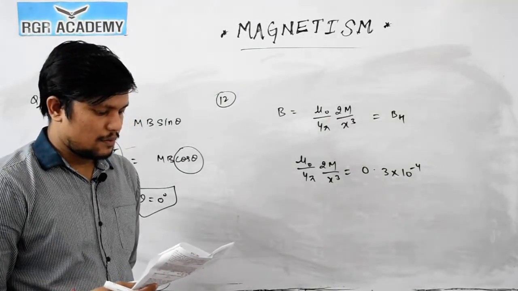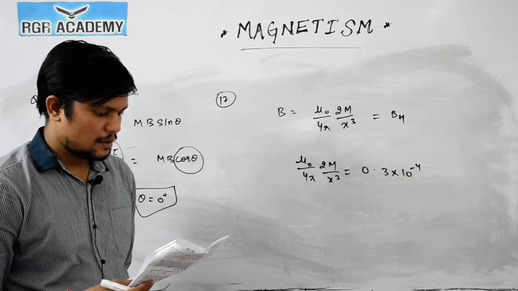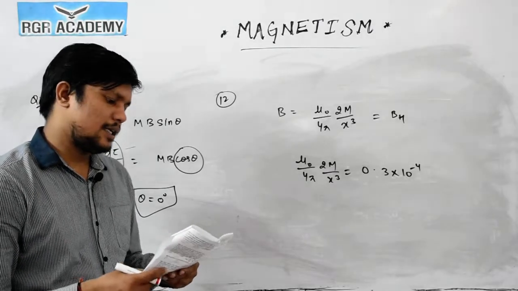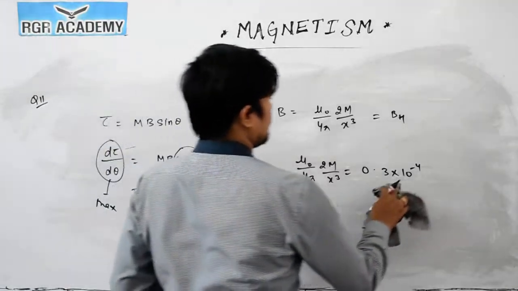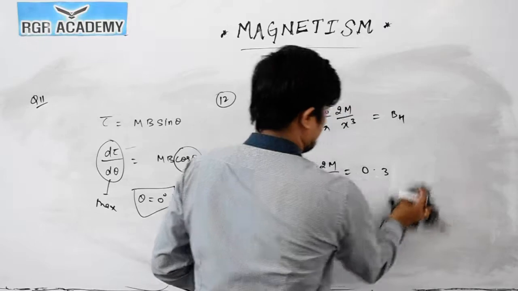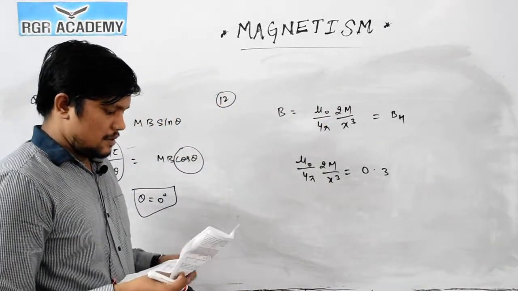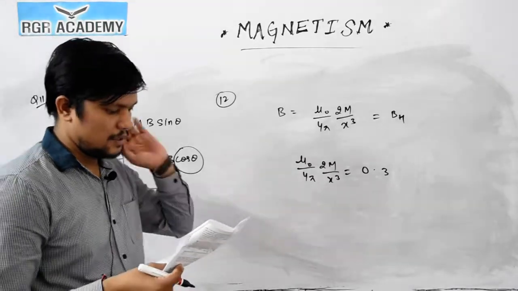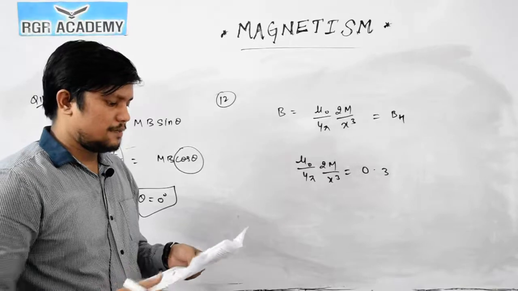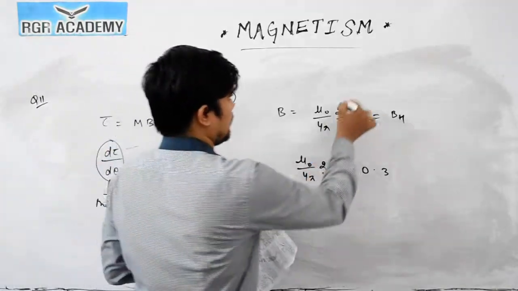Now, all the things are given in CGS units, so there is no need to convert this into Tesla. So actually we have to find out 2m by x cube. A small magnet is placed in the magnetic meridian with its south pole pointing towards north, like this.